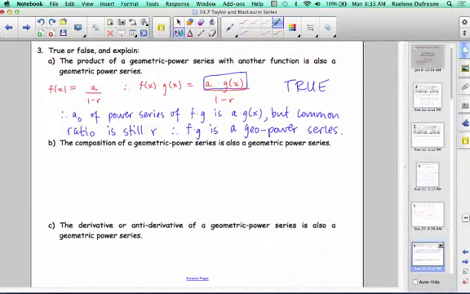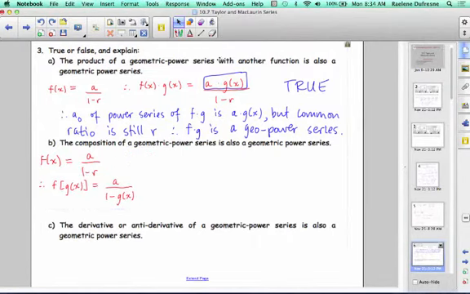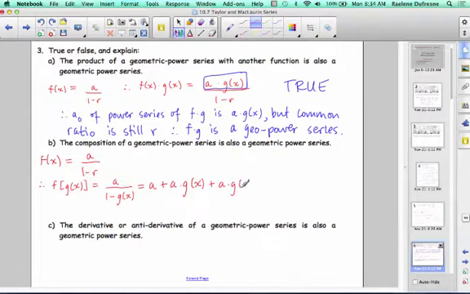So again, if we start off with f of x equals a over 1 minus r, and therefore f of g of x is going to be a over 1 minus g of x, we have that this series could be expanded as follows: a plus a times g of x plus a times g of x all squared plus dot dot dot.